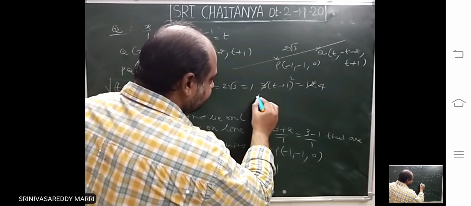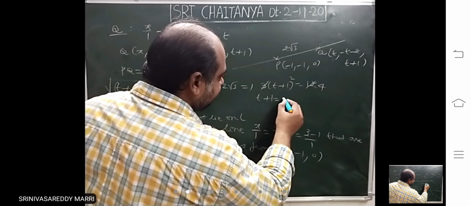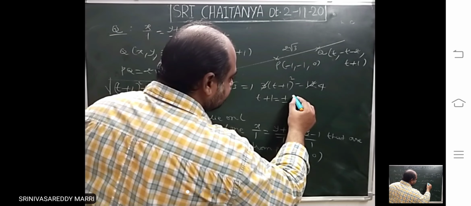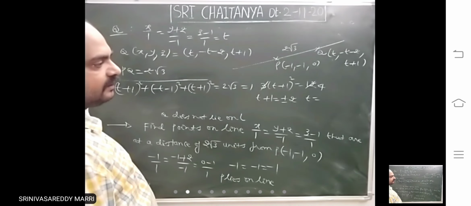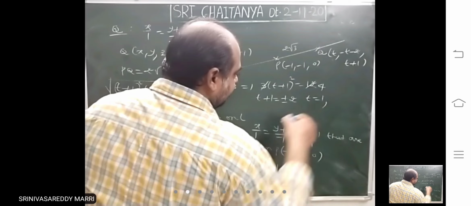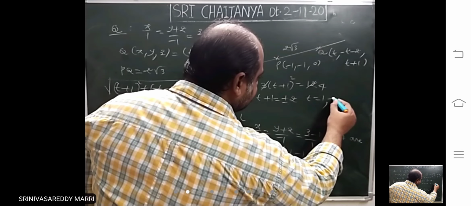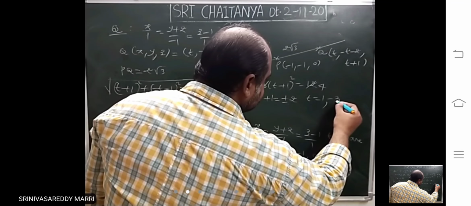So this gives T plus 1 equal to plus or minus 2. If plus is taken, T equals 1. If minus is taken, T equals minus 3.